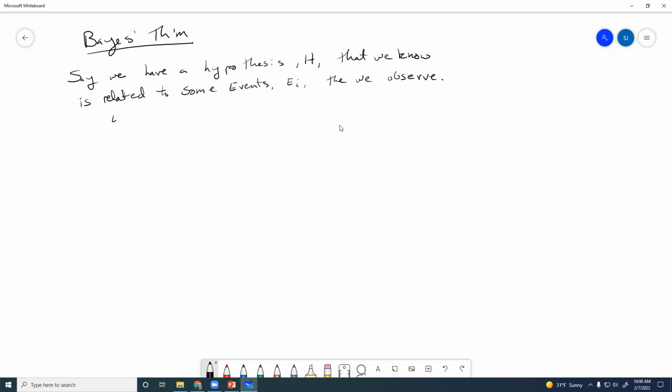Some examples of this, and a lot of Bayes' theorem examples play out in the medical sciences with testing. So our hypothesis, I'll just write this out.